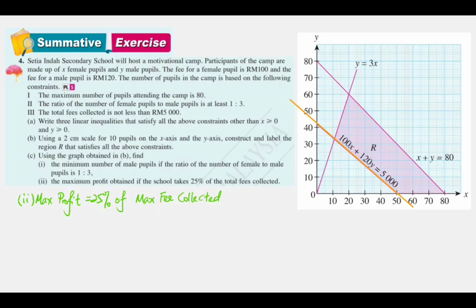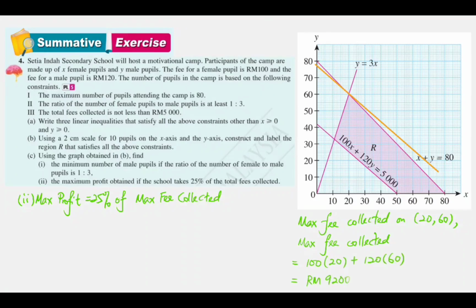Therefore, we push this orange line toward the maximum point. We will see the maximum fee collected at 20, 60, where the maximum fee collected is 100 times 20 plus 120 times 60. So we get 9,200 ringgit Malaysia. This is the fee collected. So to get the maximum profit, we take 25% of the 9,200 and we get 2,300 ringgit Malaysia.